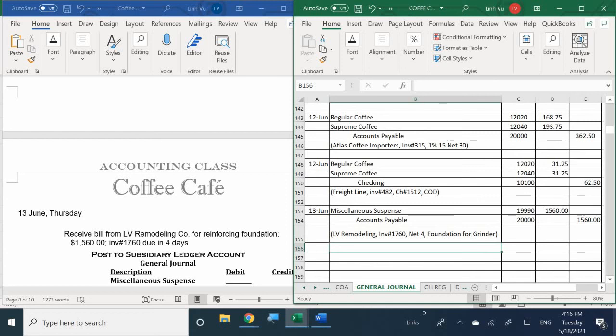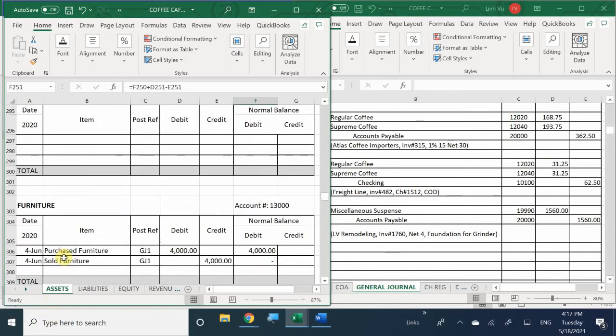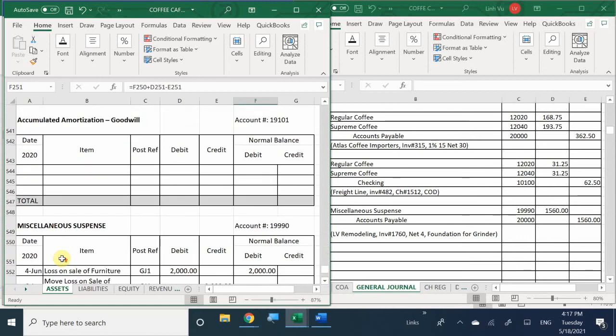So we got to go now to our general ledger. This time, instead of doing a subcontractor expense, because this wasn't for the business, this was for the coffee grinder, we're going to locate our miscellaneous suspense account.